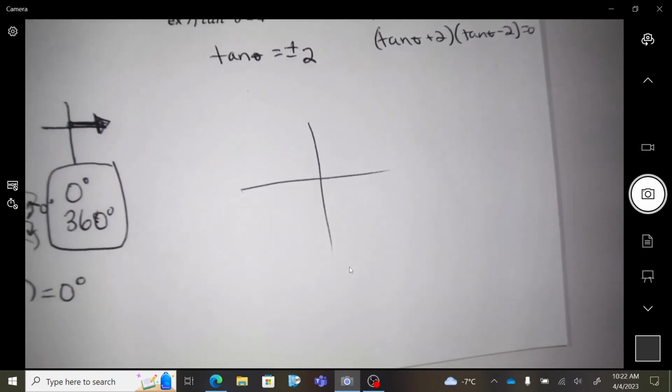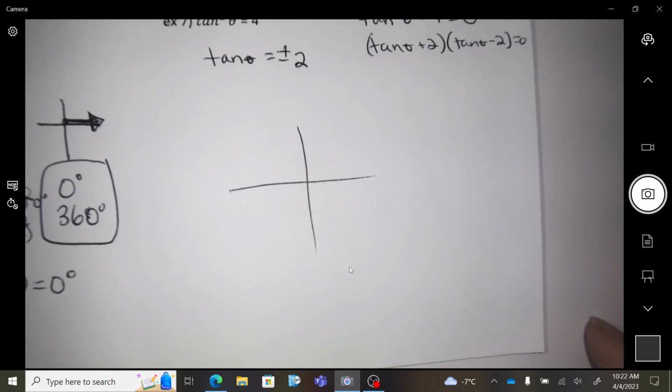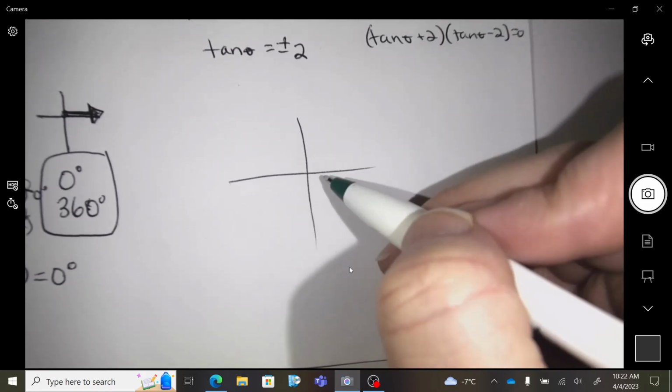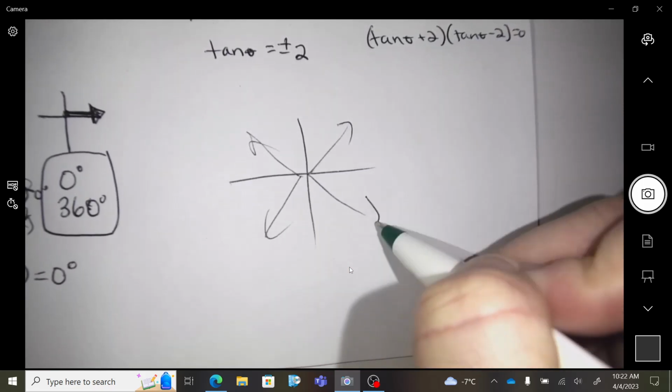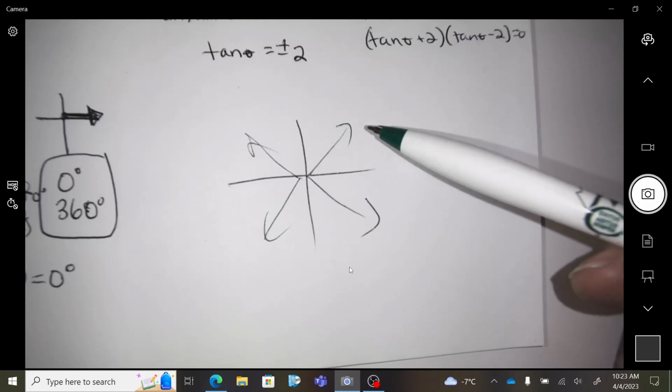Now, quadrants, Astica. Where is tan positive and negative 2? Everywhere. Positive and negative, right? No. You're going to have 4 answers to this. Okay? The positive 2, the negative.